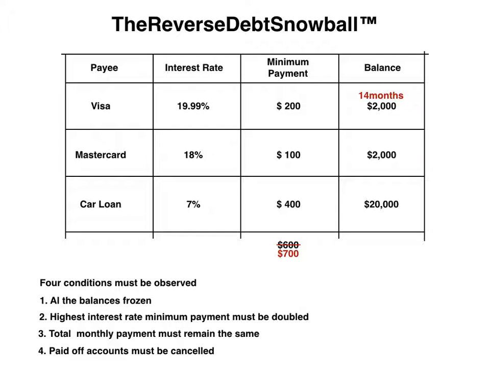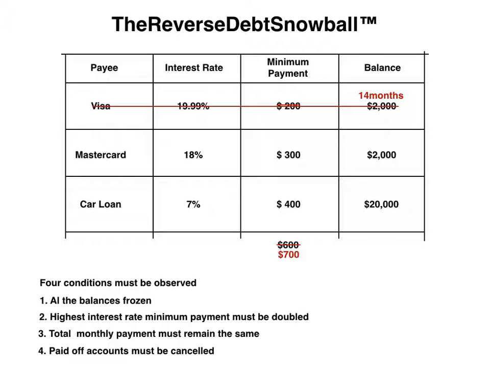So at the end of 14 months, the Visa gets paid off, and in keeping with condition number 4, we call up Visa and have the account cancelled. In keeping with condition number 3, that the total monthly payments remain unchanged at $700, the $200 Visa monthly payment is added to the $100 MasterCard monthly payment, which now becomes $300 per month going forward.